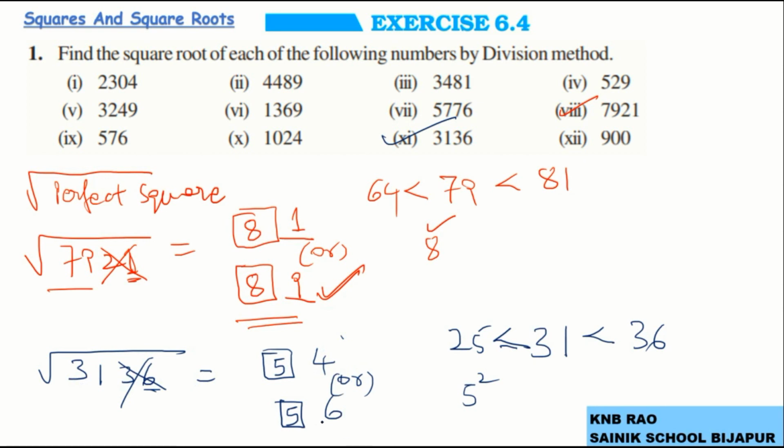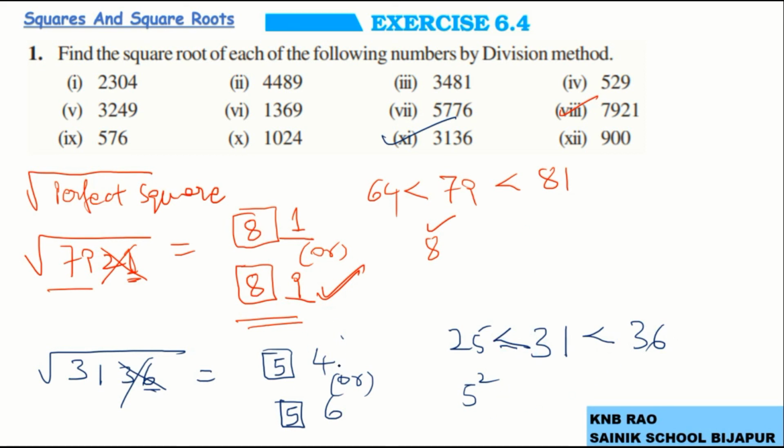Now which one is right? Try to observe how this 31 is closer to either 25 or 36. See, it is 6 away and it is 5 away. I feel like it is just getting closer to 36, but let us check better.